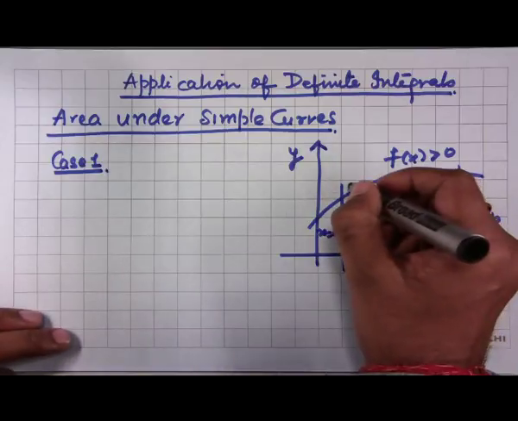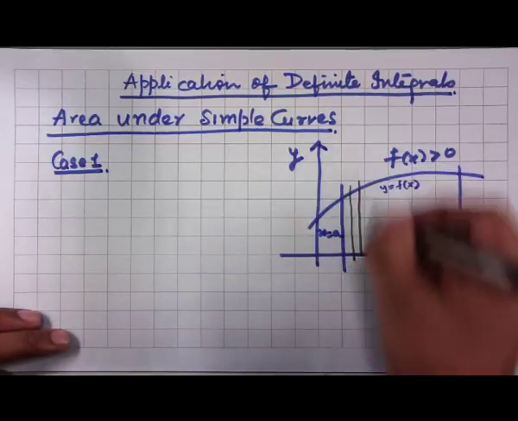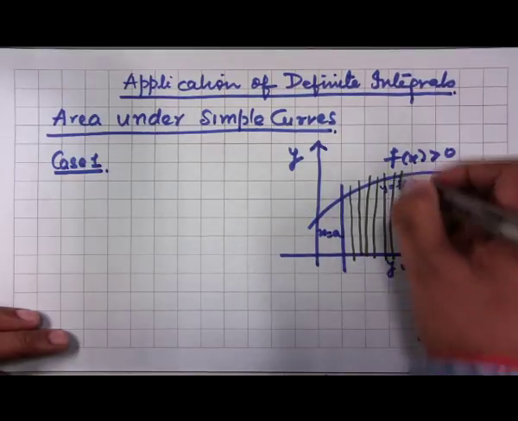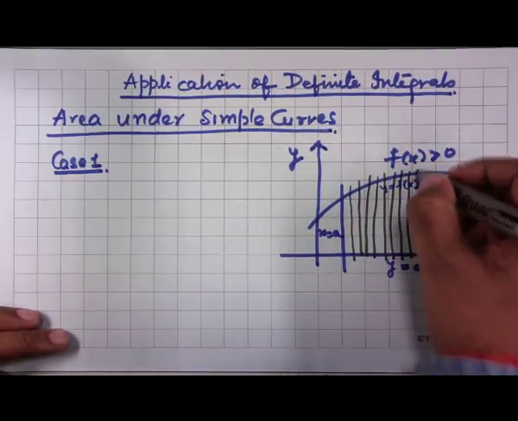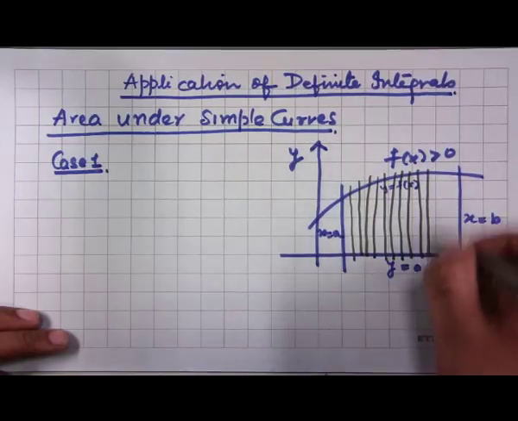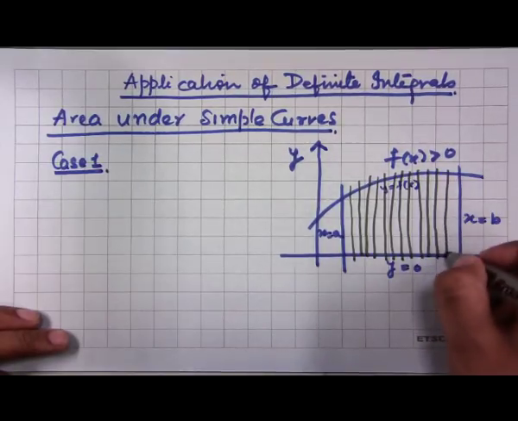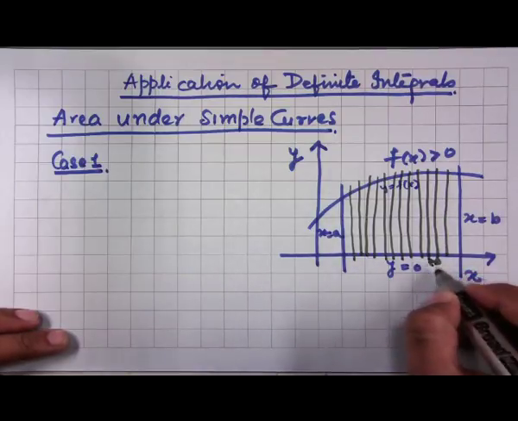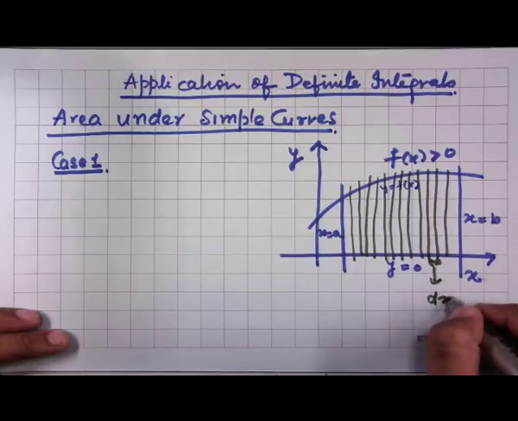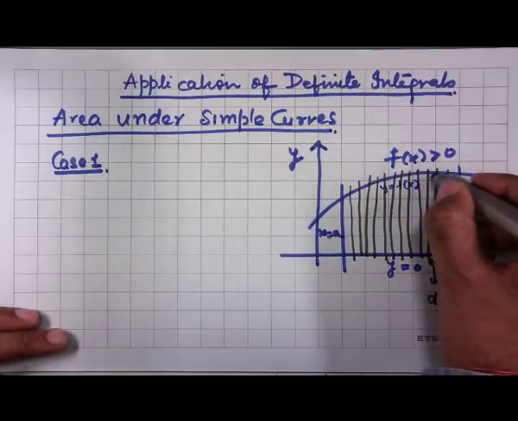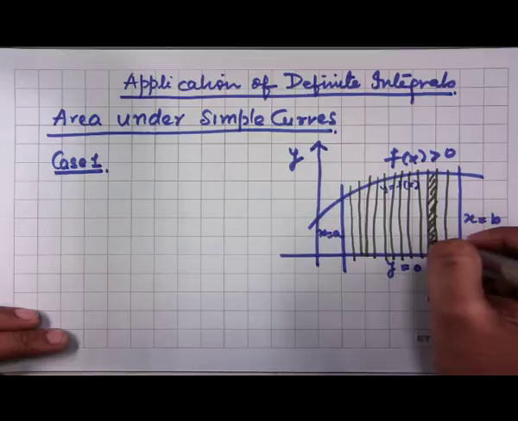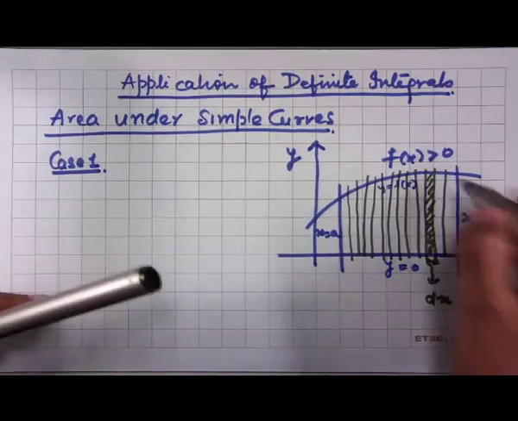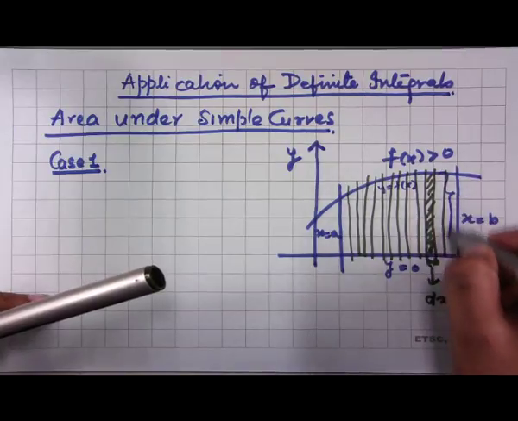What we have done, you know that we divided it into several very thin rectangles, right. So we can take the width of say one rectangle as dx in this case, and height of this rectangle will be y.